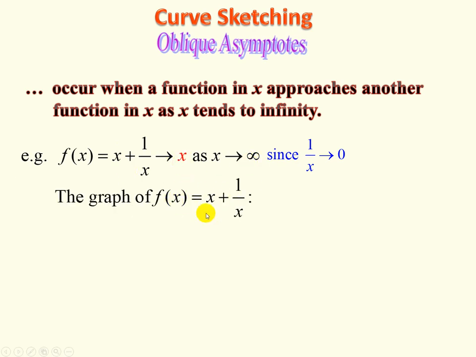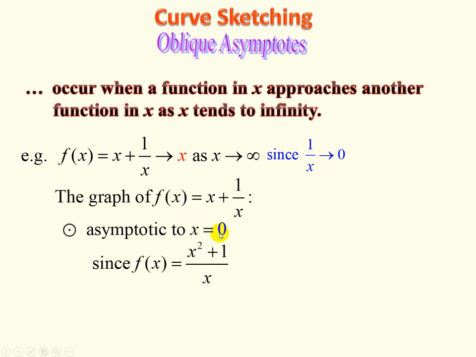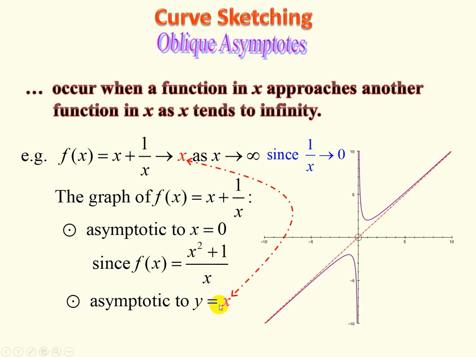So therefore the graph of x plus 1 over x is asymptotic to the line x equals 0, the y-axis, but it's also asymptotic to the line y equals x. There we are, there's the curve.